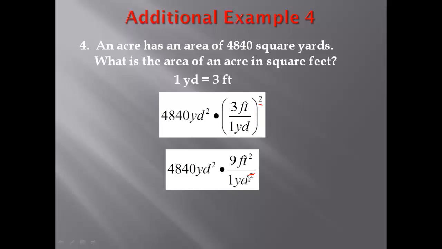Square yards will then cancel out, because I have 1 on top and 1 on bottom. And now to solve, I do 4,840 times 9, and that will then be over 1. My label I've left is square feet. So when I multiply, I get 43,560 square feet.